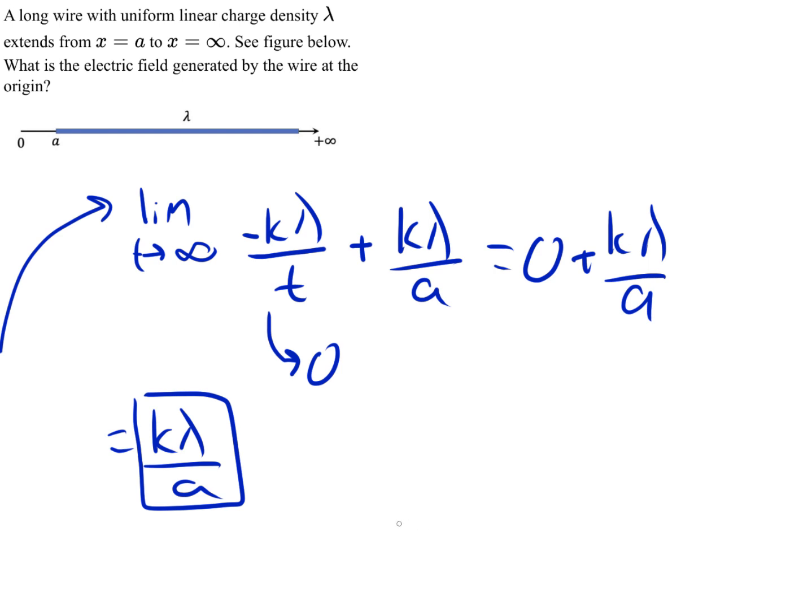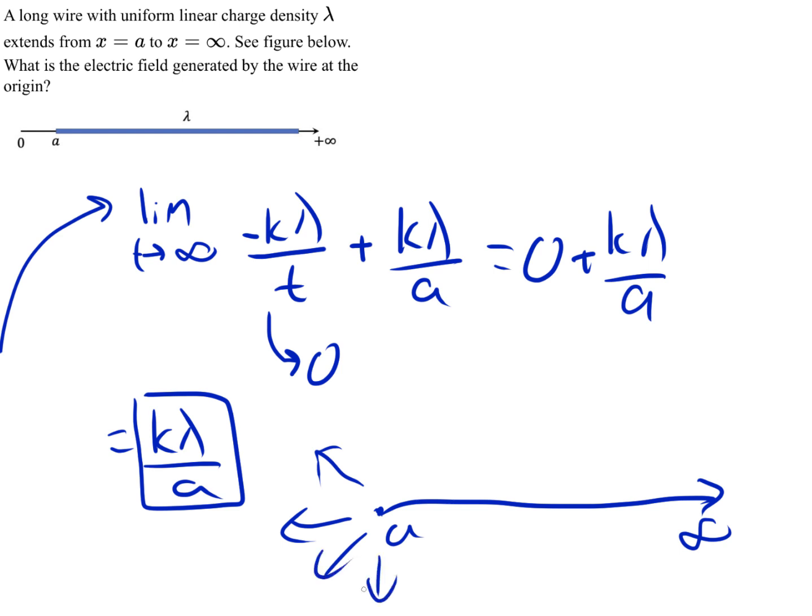This electric field will point towards the left. If you draw this wire, and this will be a, and that will go on towards infinity, your electric field is going to point away from the wire, since it is positive. This is if we're using a positive test charge.